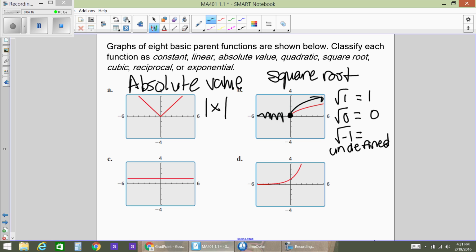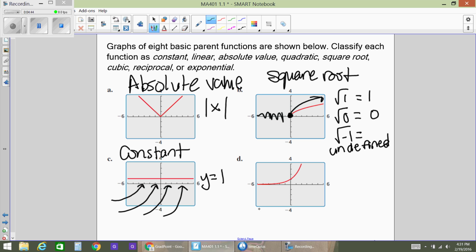Okay, over here, this is a line, but more than being a line, it's also considered a constant function, because no matter where the x is, where's the y? The y is actually always at +1, and so this is called a constant function because that y value is never changing.